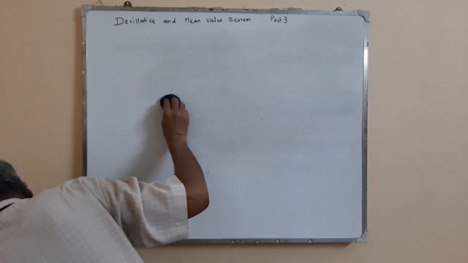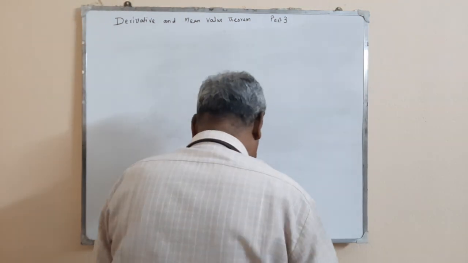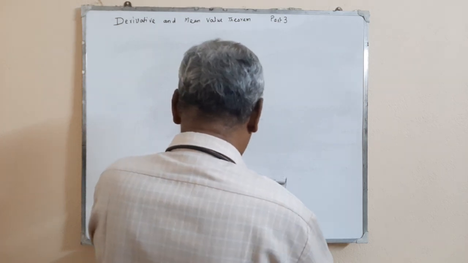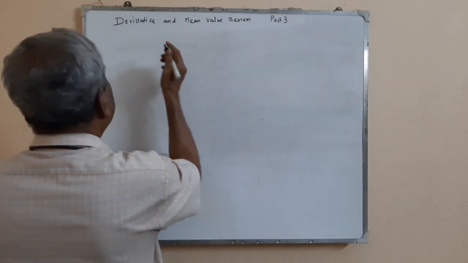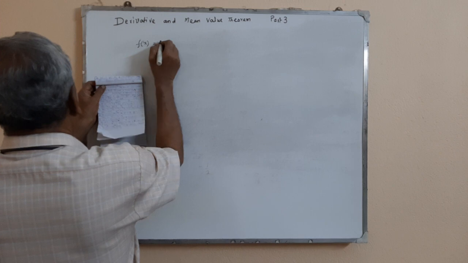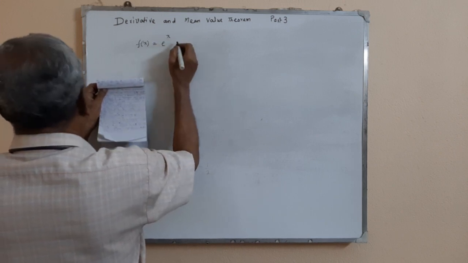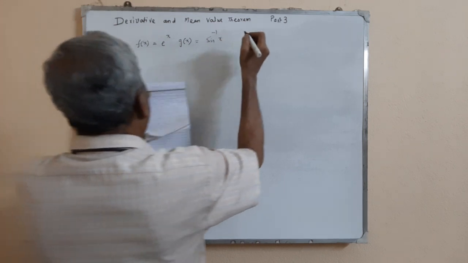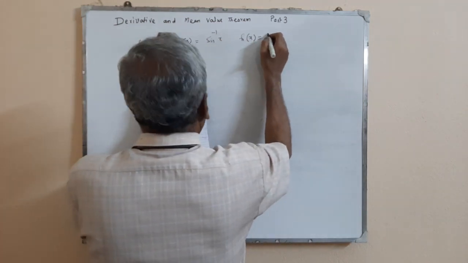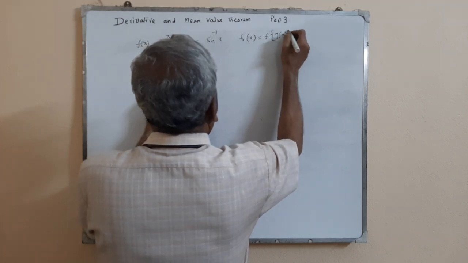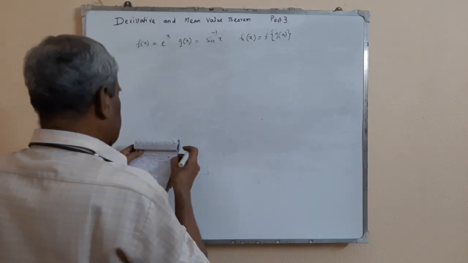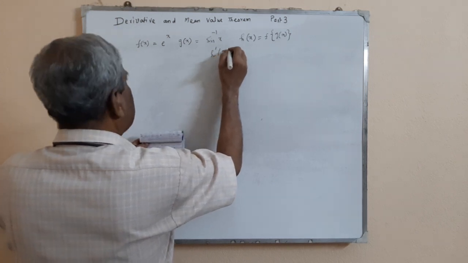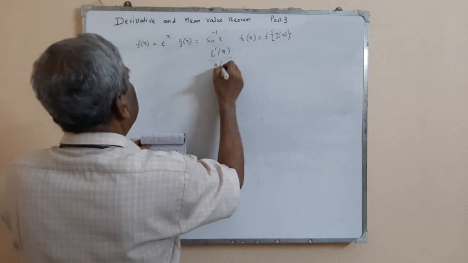Now our next problem. If f(x) is equal to e to the power x, g(x) is equal to sine inverse x, and h(x) is equal to f(g(x)), then h'(x) by h(x), how much?